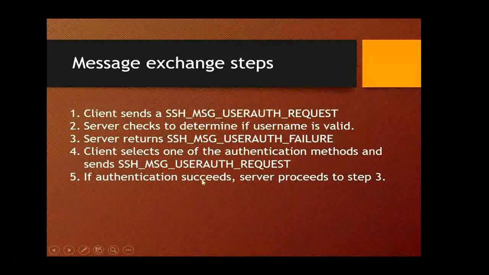If the authentication fails, the server will proceed to step 3, but in this case with a partial success value of false. Previously, it would proceed to step 3 with the partial success value of true, but now if the authentication fails, it will proceed to step 3 using a partial success value of false.